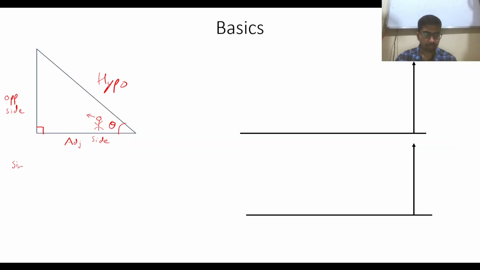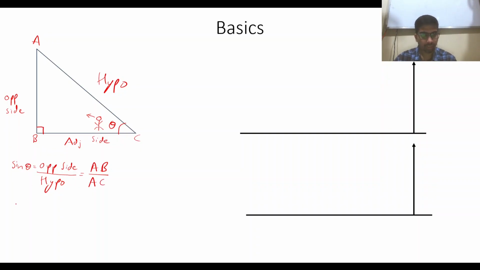So sine theta means opposite side upon hypotenuse. I'll first name it A, B, and C. What is opposite to this man is AB, and the hypotenuse is AC.